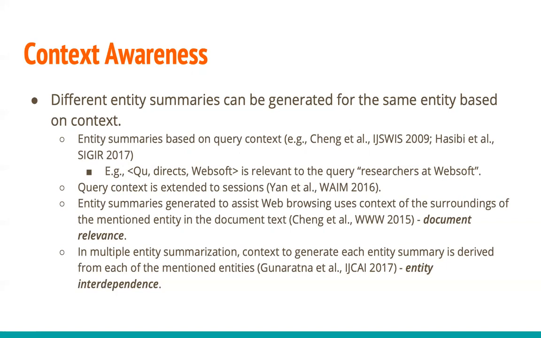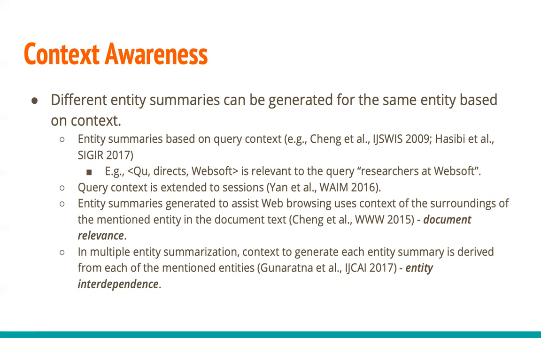So you can process that and try to make up your entity summary aligning to what information is present in this query. For example, if you take the triple Q directs WebSoft, it will be similar to a query if the user inputs something like researchers at WebSoft. So if you are making an entity summary for WebSoft or for Q, maybe you should be showing that relation.